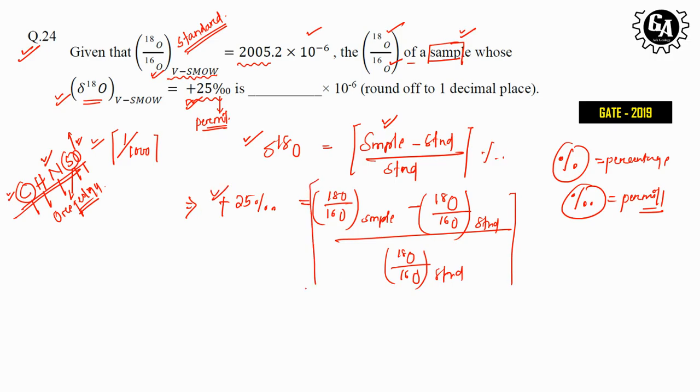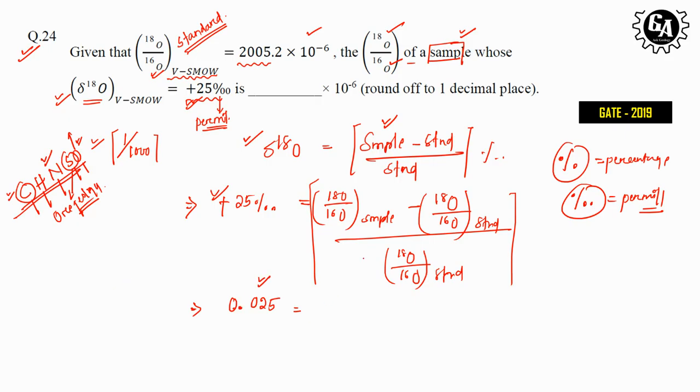This is the formula to calculate delta 18O. In this question 25 per mil means 0.025, since we divide by 1000.